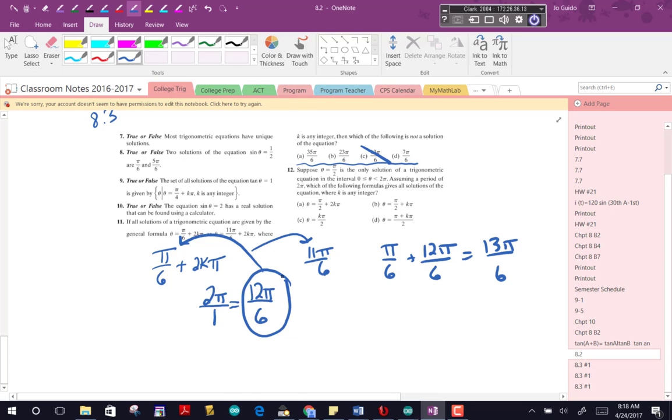If I add 12 pi over 6 to 11 pi over 6, I'm going to get 23 pi over 6. If I have 23 pi over 6 and I add another 12 pi over 6, that's going to give me 35 pi over 6. So the only one that I can't get by adding 12 pi over 6 is 7 pi over 6. So that's the one that is not a solution.